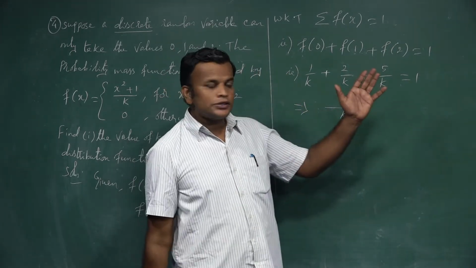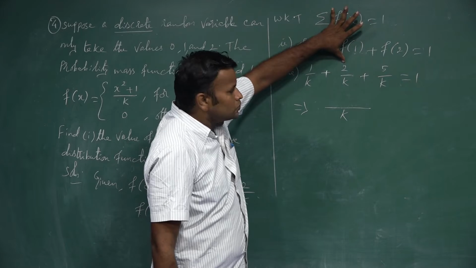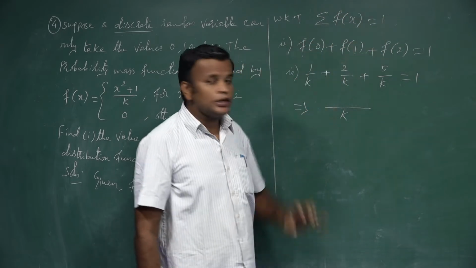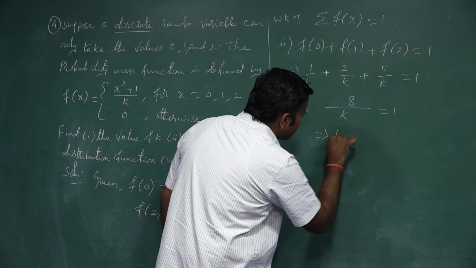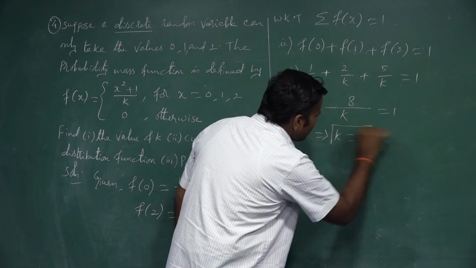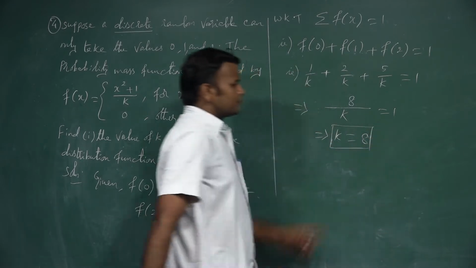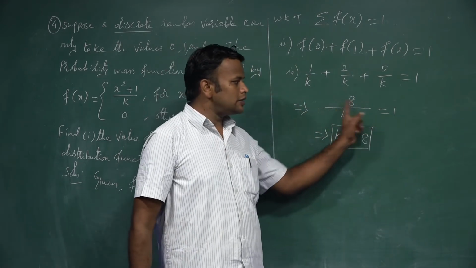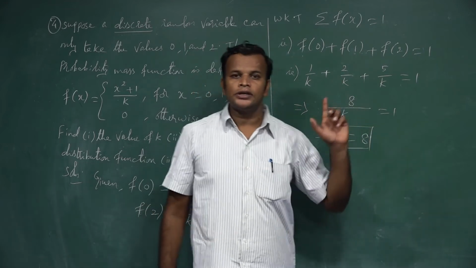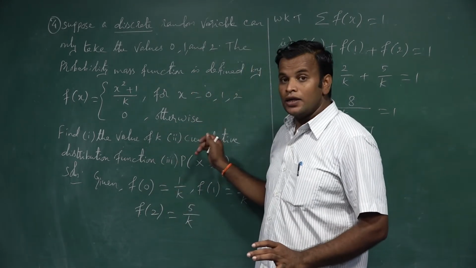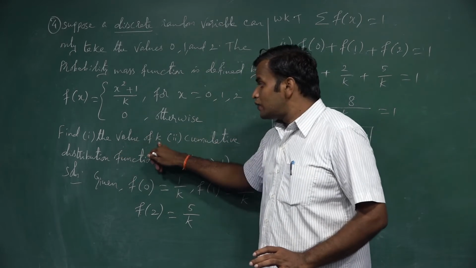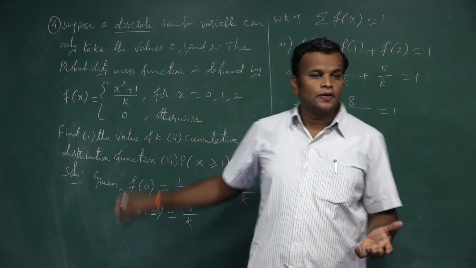The numerators: 1 plus 2 is 3, 3 plus 5 is 8. So 8 by k is equal to 1. We cross multiply, 8 is equal to k, so the value of k is 8. So the first question, find the value of k: the value of k is 8.